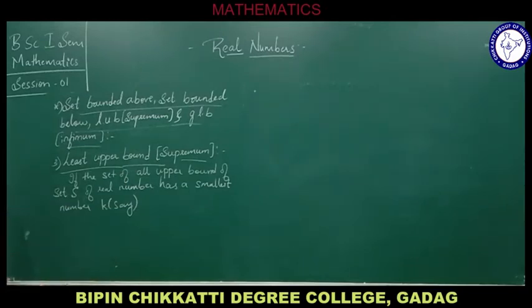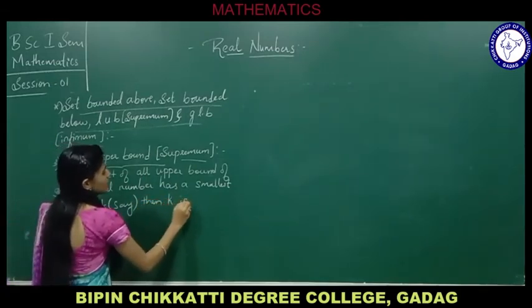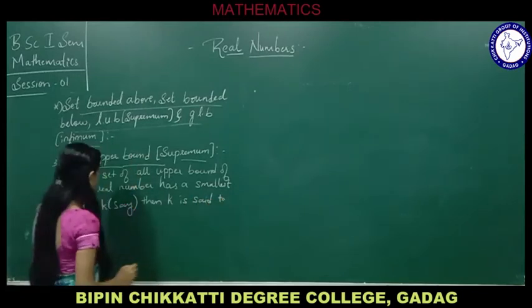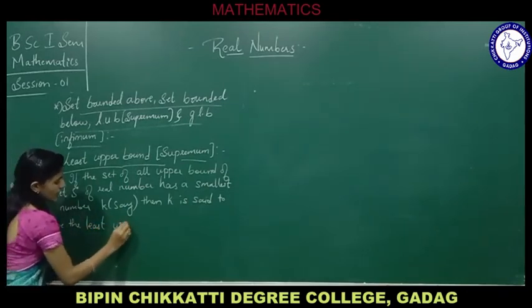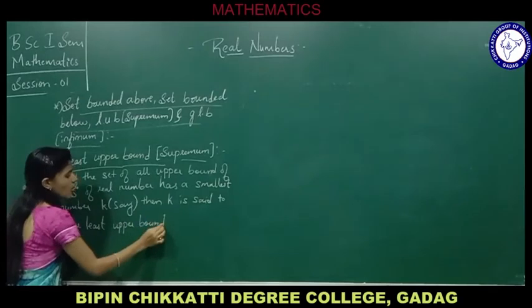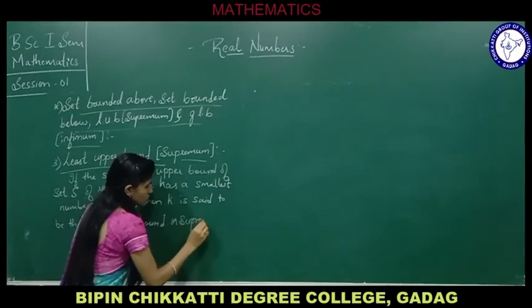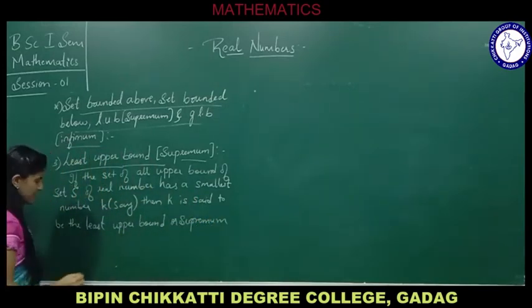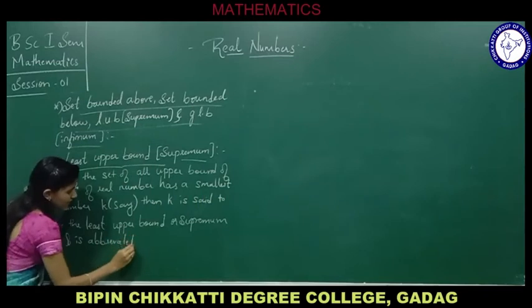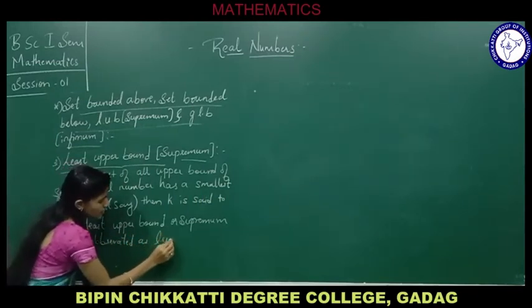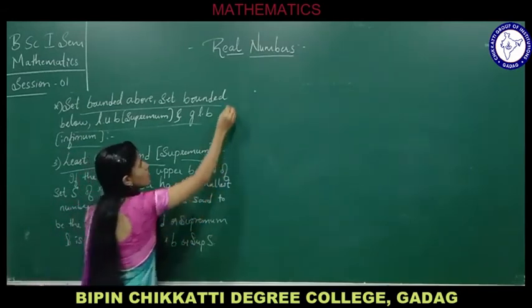Then K is said to be the least upper bound, or supremum, and is abbreviated as least upper bound, that is LUB, or it is said as supremum of S.